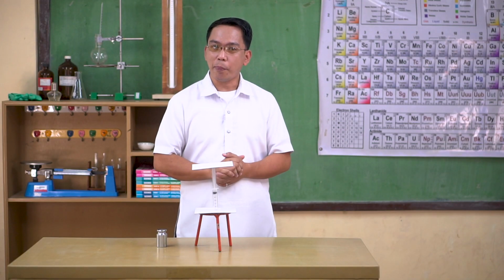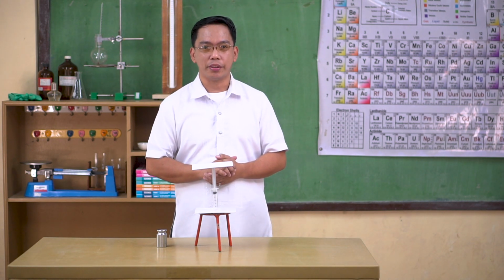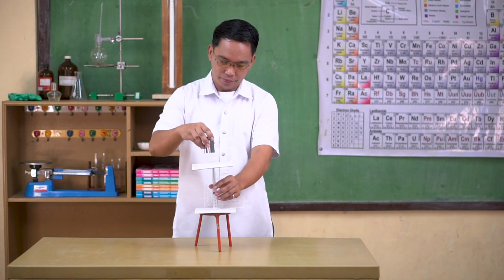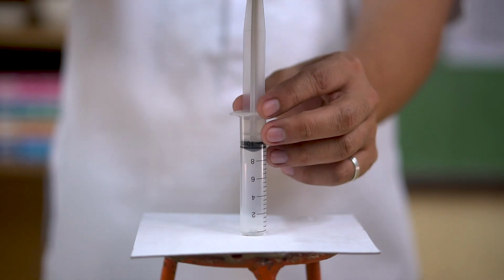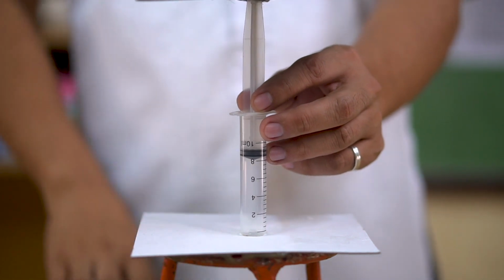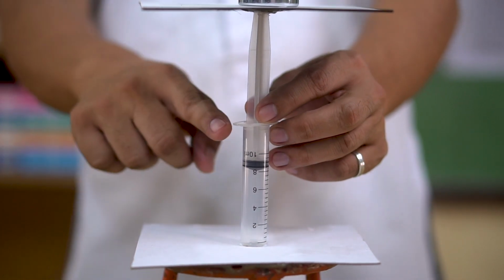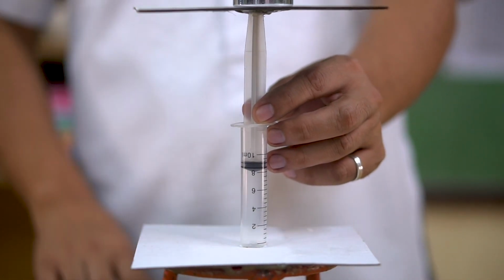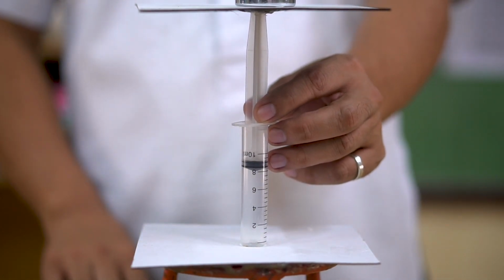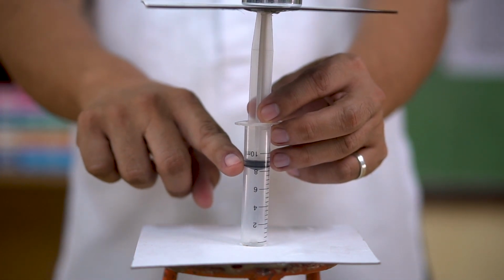What do you think will happen to the volume of air inside the syringe if we put 500 grams on top of the plunger? That's right, the volume decreased. From the initial volume of 10 ml, the volume of air inside the syringe is now 8.5 ml.